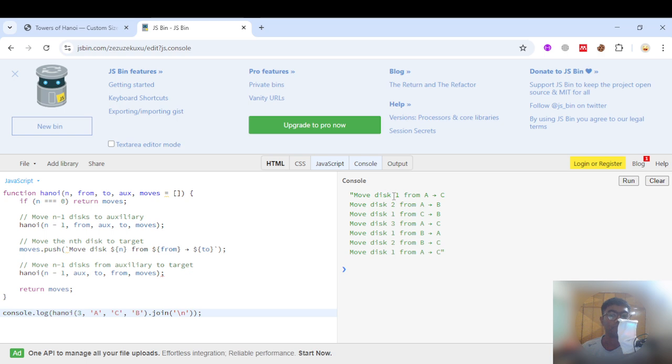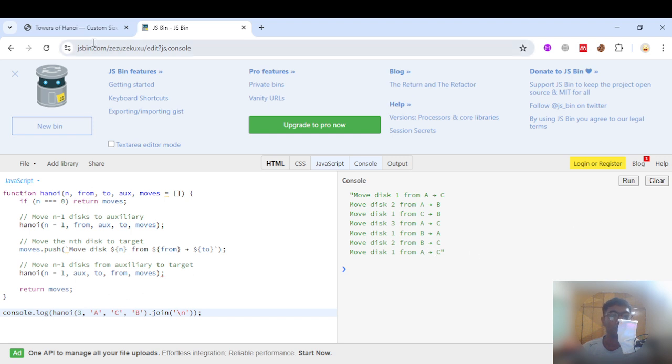Move disk 1 from A to C, and disk 2 from A to B, and disk 1 back from C to B, which is the auxiliary rod, and the final disk, or the largest disk, which was in rod A, to C, and disk 1, which was the smallest one, from B to A, and the second smallest or the middle disk from B to C, and finally the smallest disk, which is the final move, A to C, right?